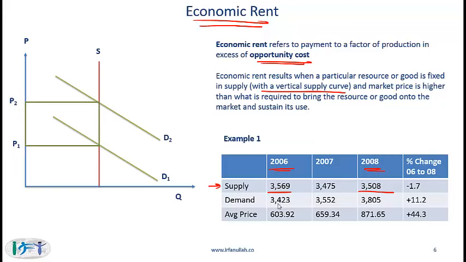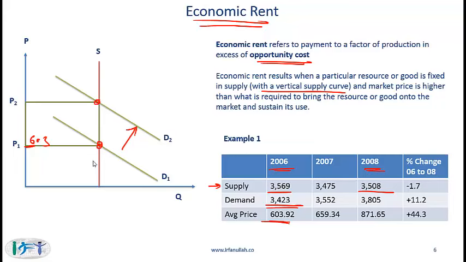But what about demand? Notice that when we have a vertical supply curve, then the price is determined by the demand curve. Earlier we had demand curve D1, so we had a certain price. Let's say that initially the price was about 603, and then there is an increase in demand. When there is an increase in demand, obviously the price goes up.